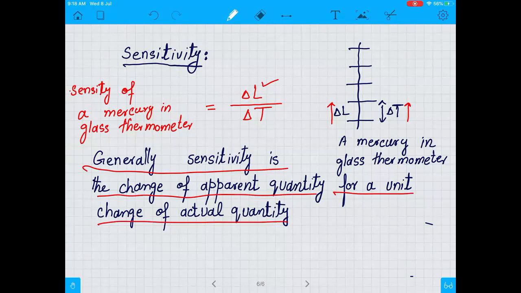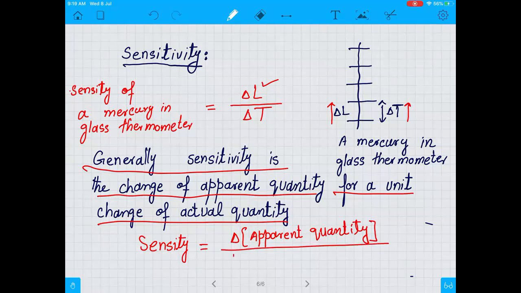So change of apparent quantity for a unit change of actual quantity is called the sensitivity. So this is the definition of sensitivity. That is the exam definition.